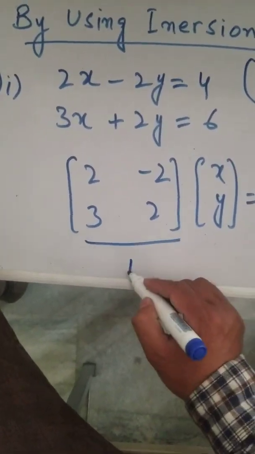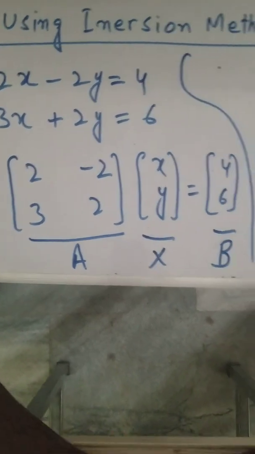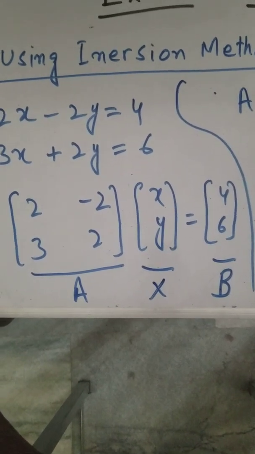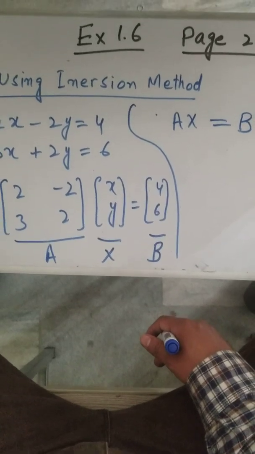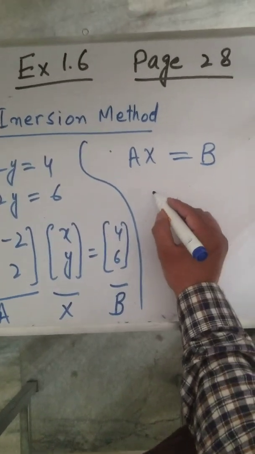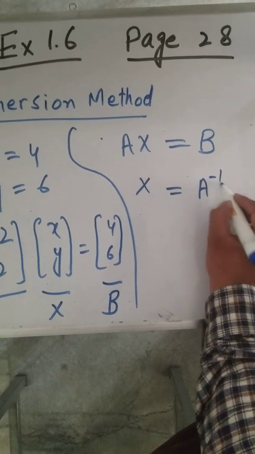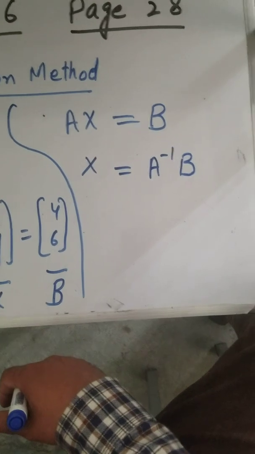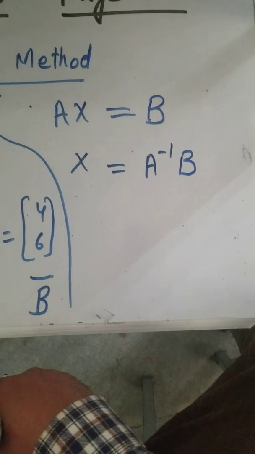This is A, this is X and this is B. Now we have AX equal to B. Now we move A to the other side, then we have A inverse. Now we find the value of A inverse.